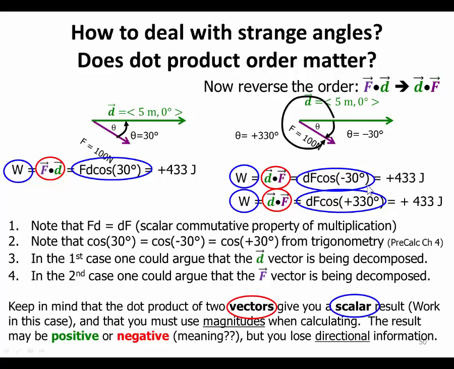Everything I have circled in blue here is a magnitude. And remember that work is a scalar quantity, and it could be positive or negative. That gives an idea of whether the work is going into the system or out of the system.